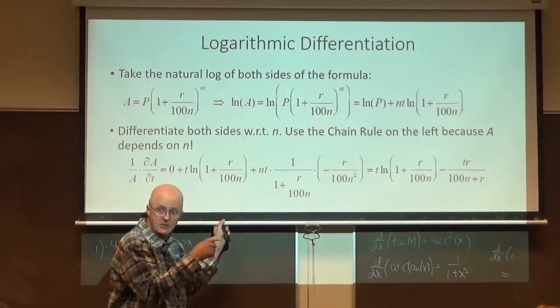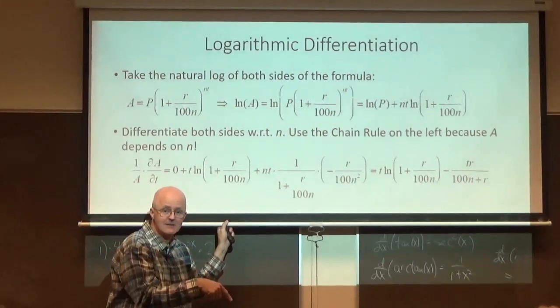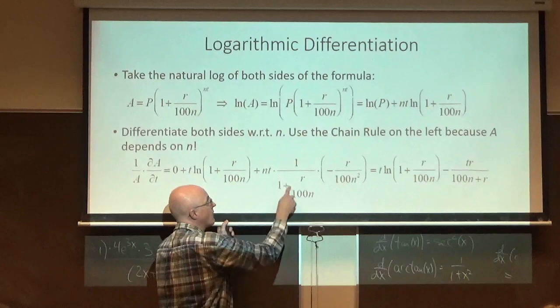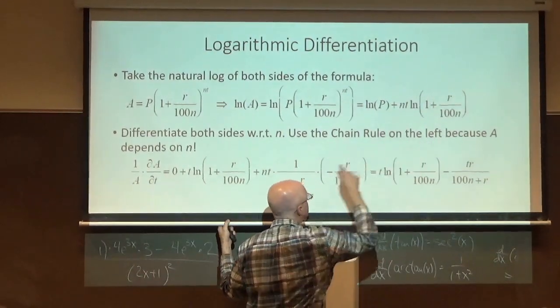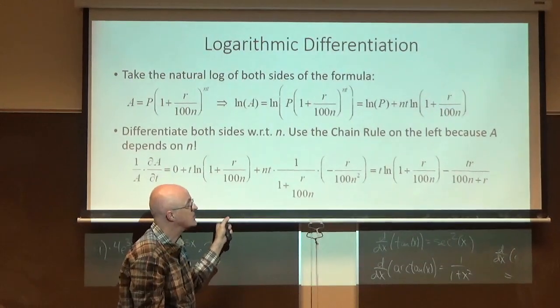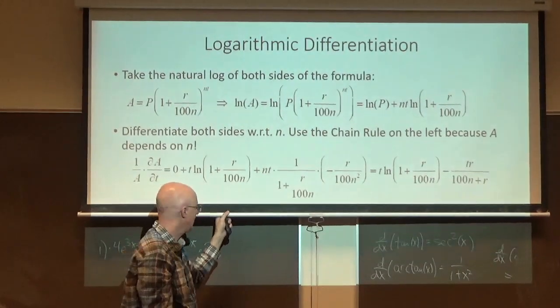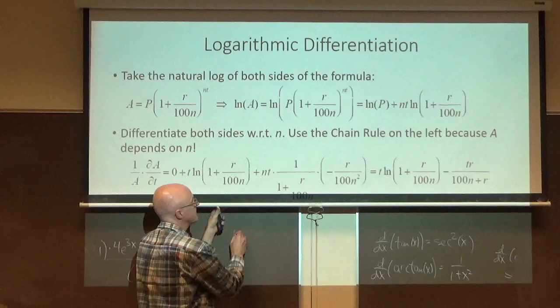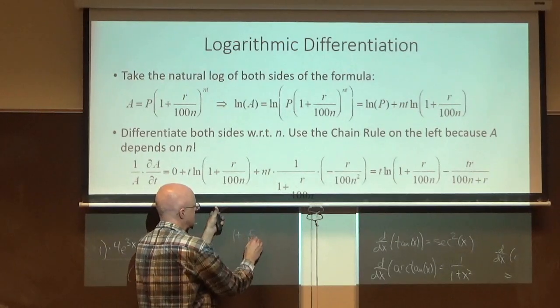The derivative of natural log of x is 1 over x. So we get 1 over the thing inside the logarithm times, by the chain rule, the derivative of that thing inside the logarithm as a function of n. As a function of n, that thing inside the logarithm can be written like this.